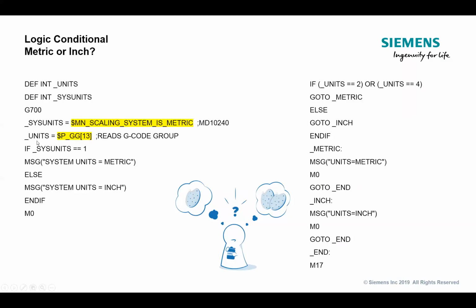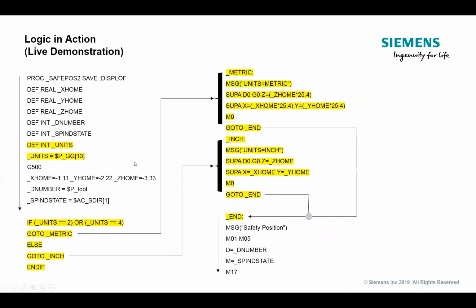So here, this is just a little routine where I was validating and coming up with some conditional statements for either or I could use the G-code group. So this is the one we're going to use. In our case here, I'm going to use the G-code group to determine what unit of measure the system's currently sitting in.